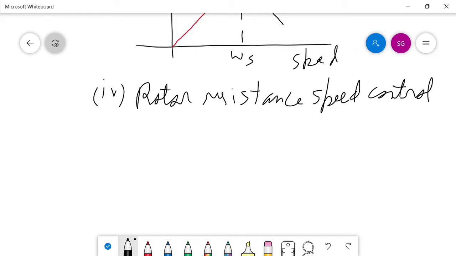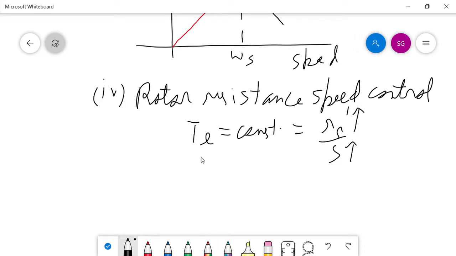Your electromagnetic torque will be constant if your RR dash by S is constant. Now if we increase our RR dash, your slip will also be increased. It means we will get the same torque but at increased slip.